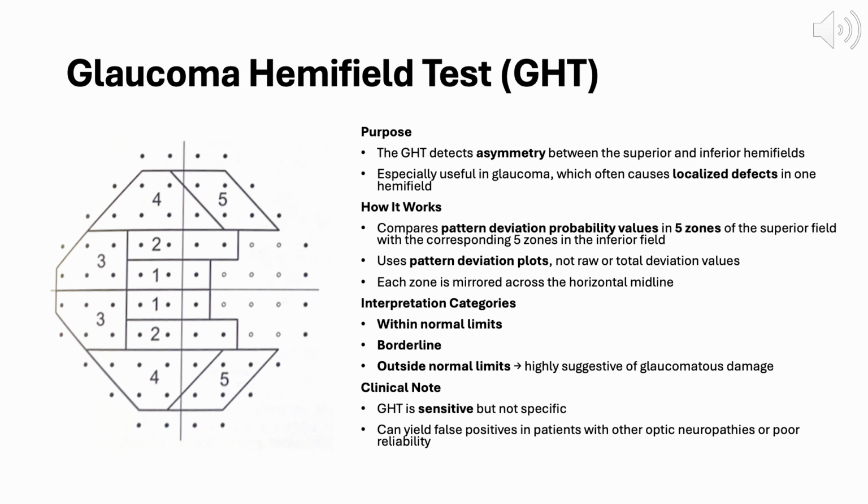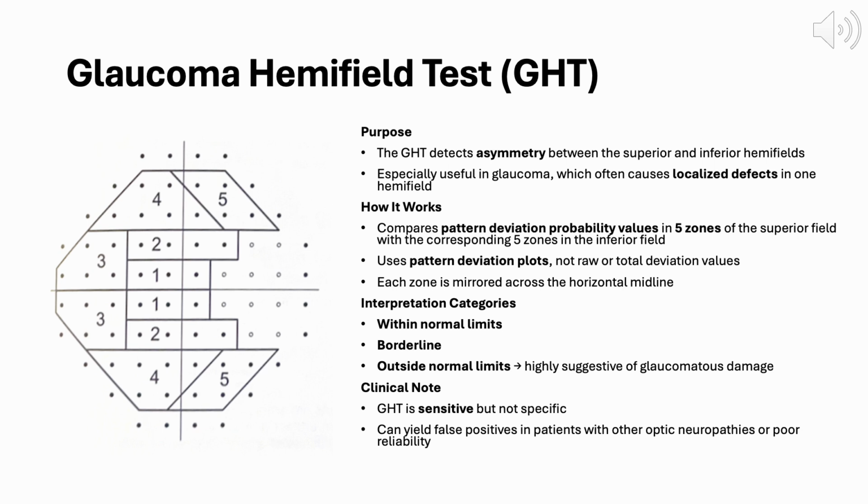Here's how it works. The test divides the field into 5 zones in the superior hemisphere and compares each to its mirror image in the inferior field. This is done using pattern deviation probability plots, not raw or total deviation data. The analysis looks for statistically significant differences between these paired zones. If there's a mismatch, that could point to glaucomatous damage. There are 3 possible outcomes.